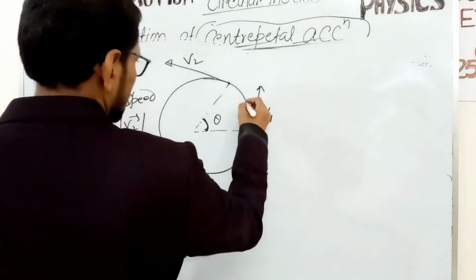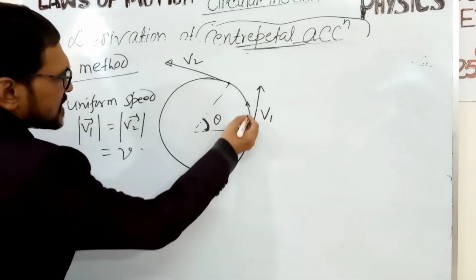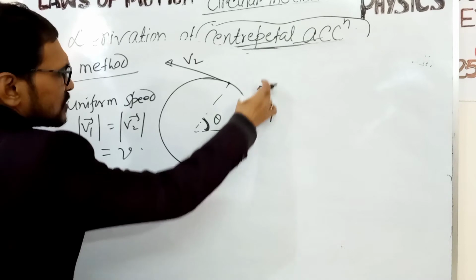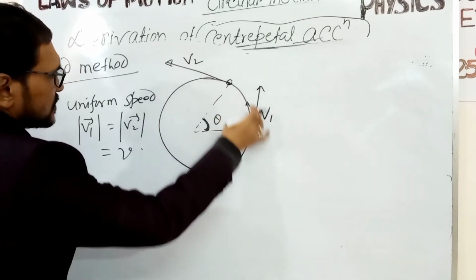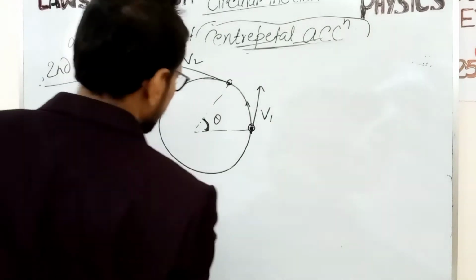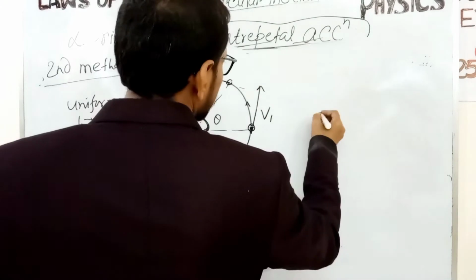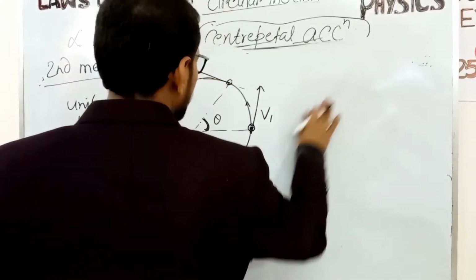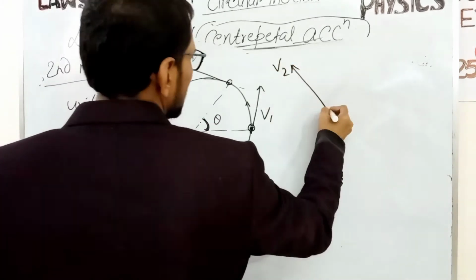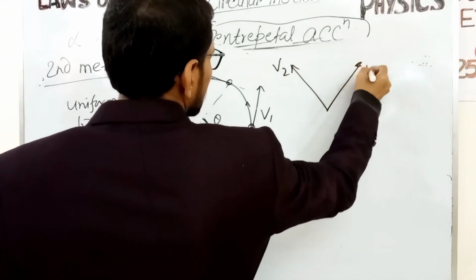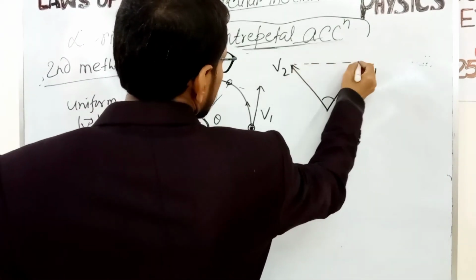When the particle rotates in a circular path, the velocity is along the tangent. So in the triangle method, v2 is in this direction and v1 in this direction, and this angle is theta.